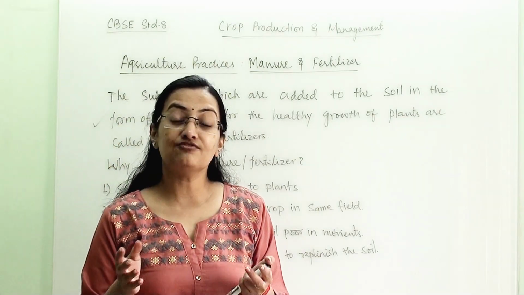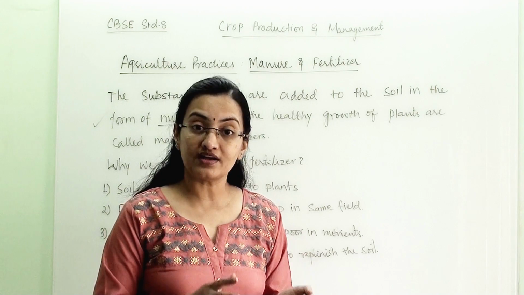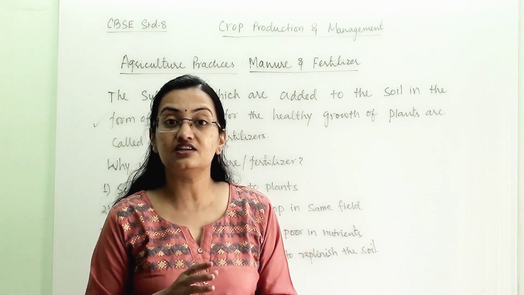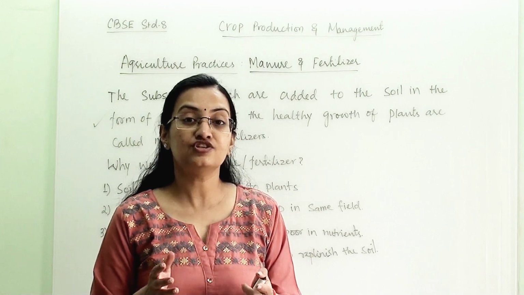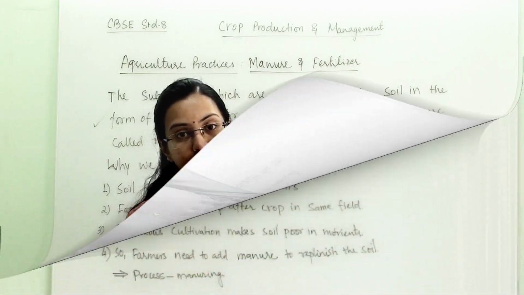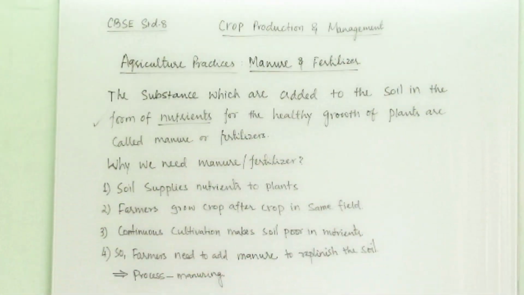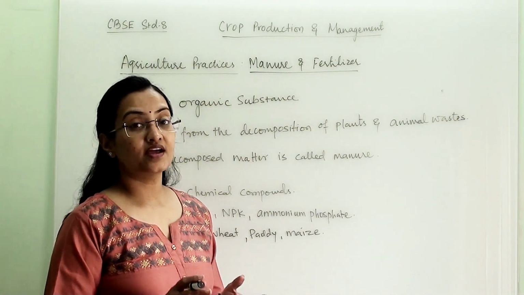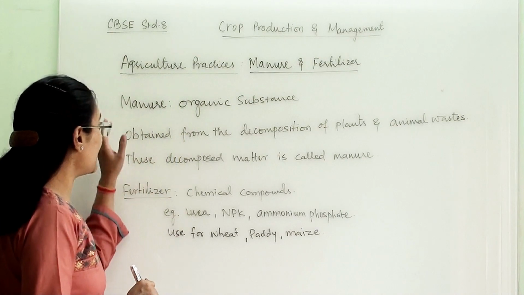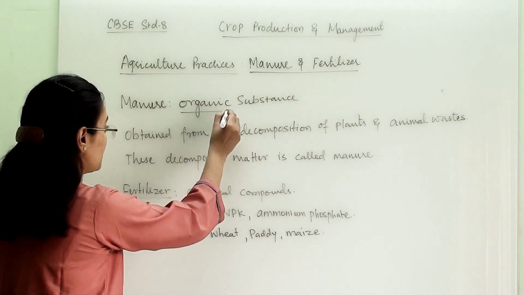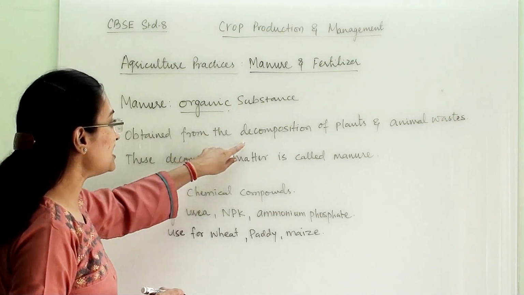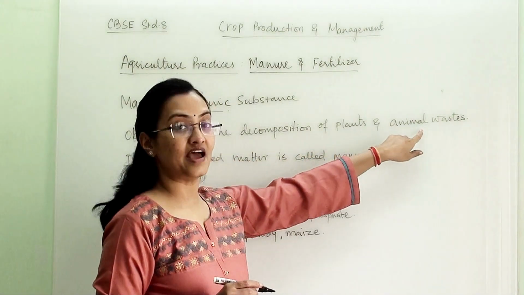Now, manure is an organic substance, whereas fertilizer is a chemical substance. Let us see the difference and see which is more beneficial to us. Manure is basically an organic substance, obtained from the decomposition of plants and animal waste.